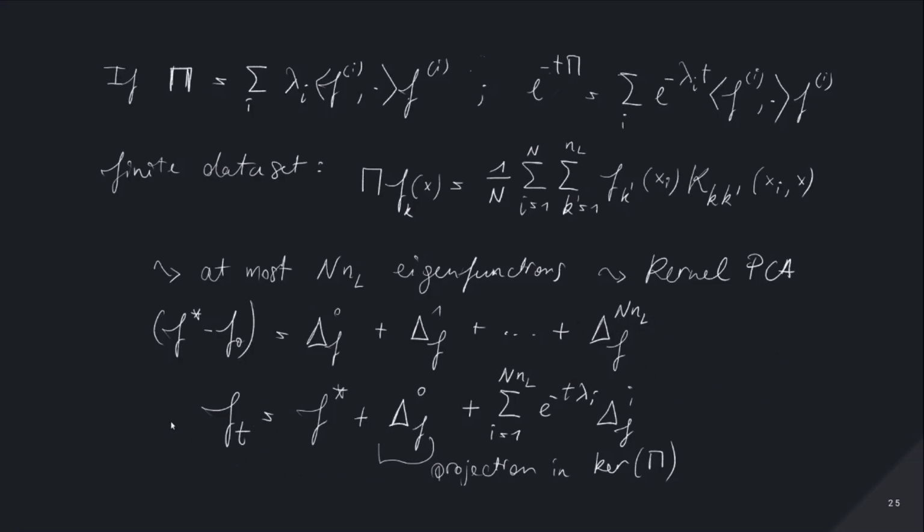And so I end up with my f of t being my original f star, the projection to the kernel of pi, which just means that pi applied to this thing is 0, so we don't really care about it, plus a sum of things that will go to 0 because my lambda i's are positive, so this decays exponentially.